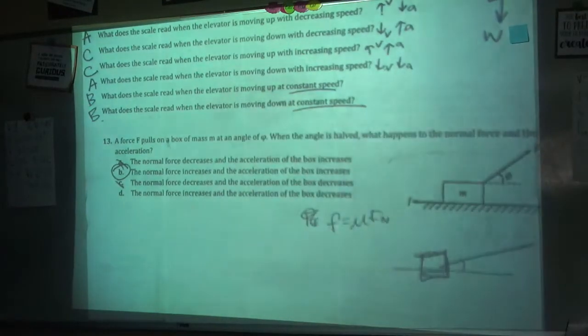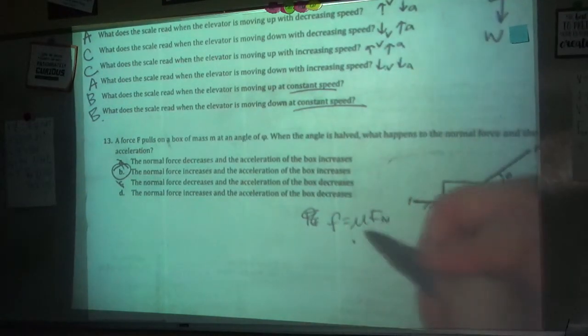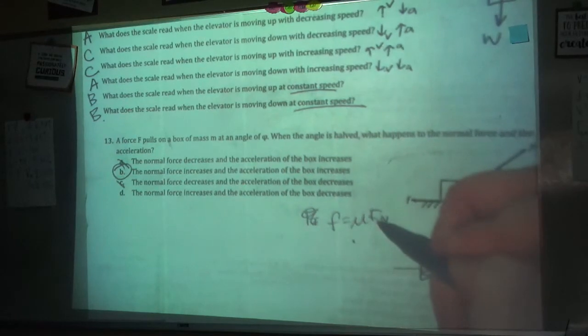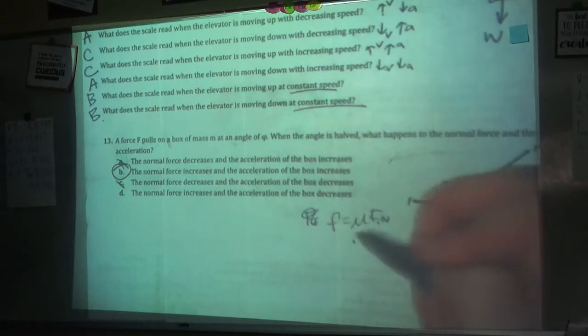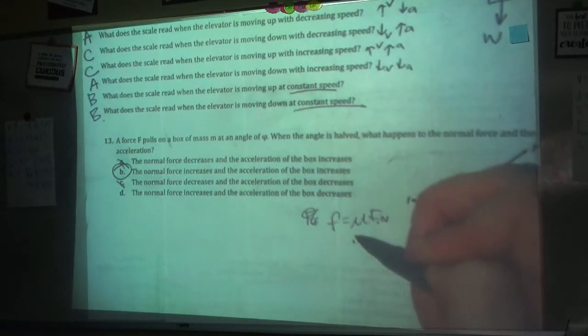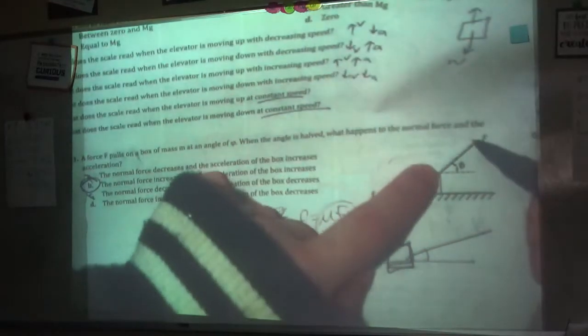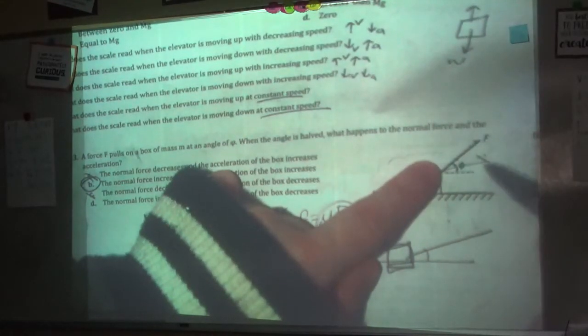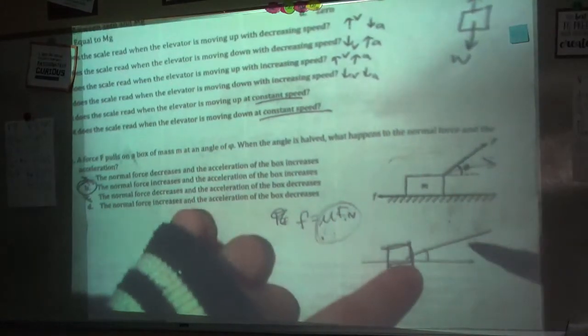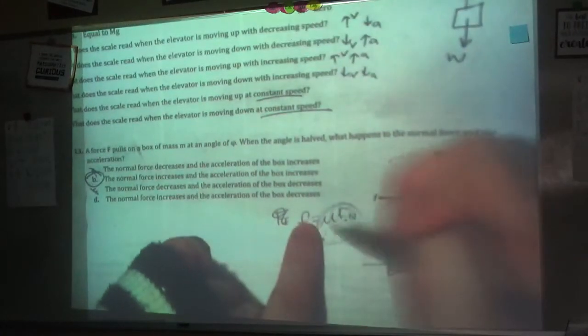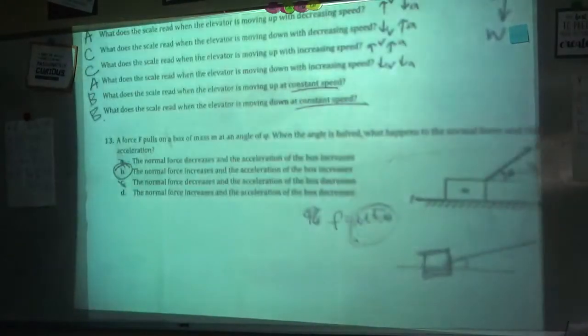So whatever your mu is, it's always some decimal, times the normal force. This might be a little bit greater, but because it's being multiplied by a decimal, this is a small change, whereas going from one angle to half that angle, I get a much bigger change in the x direction. So that makes up for this being a little bit bigger, if that makes sense.